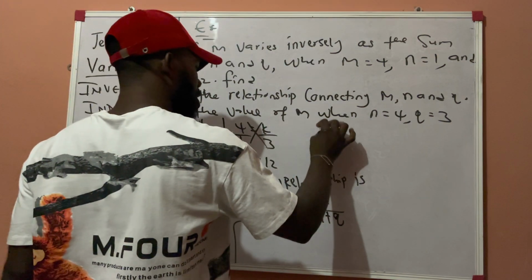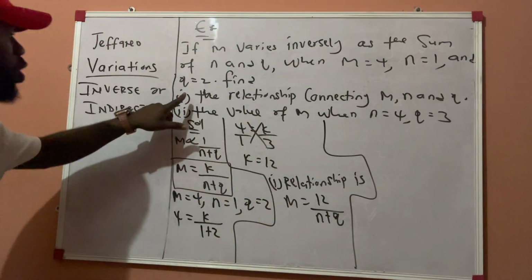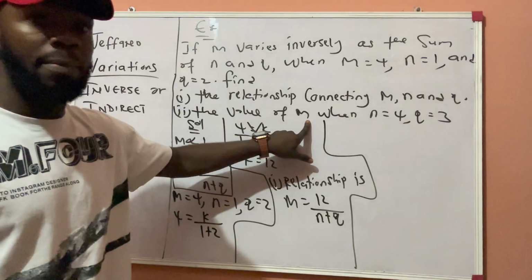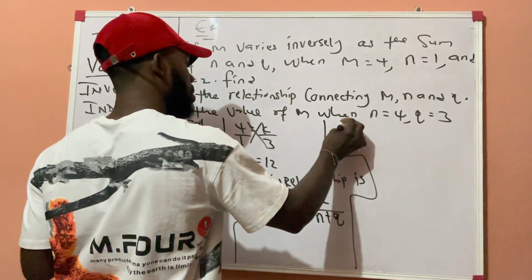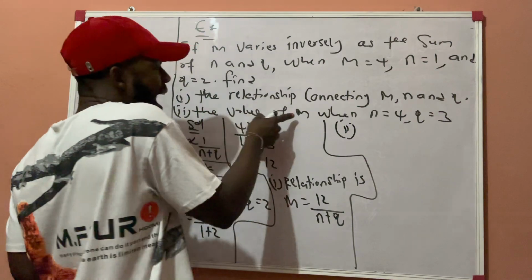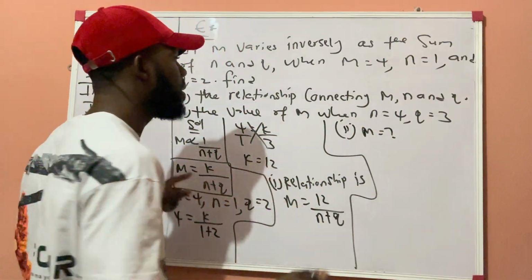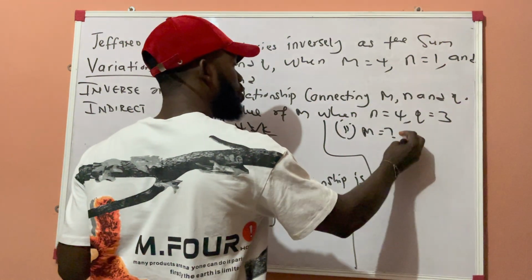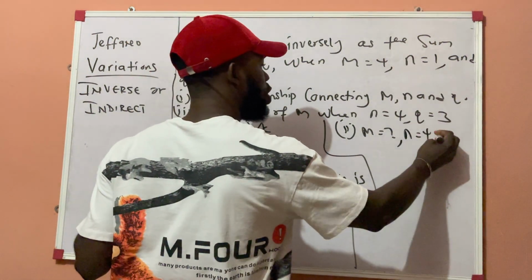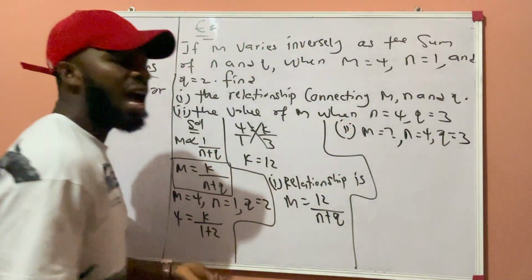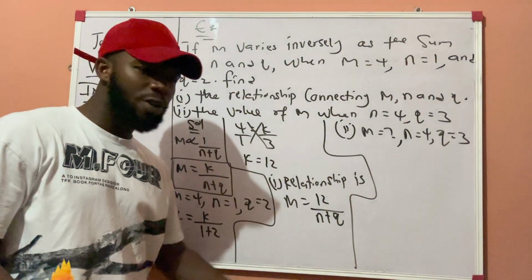Now, Roman figure 2 says we should find the value of m. What does that mean? It means m is unknown because we don't know m, n is 4 and q is 3. Now, what are we using to solve Roman figure 2? Our relationship.